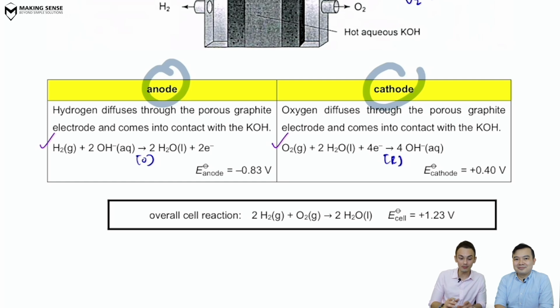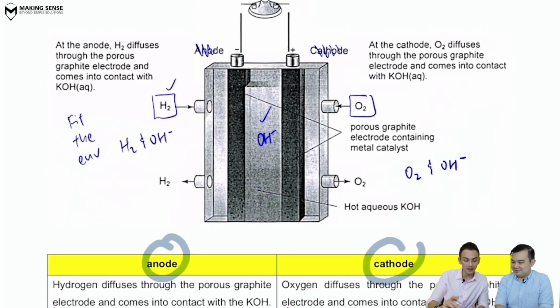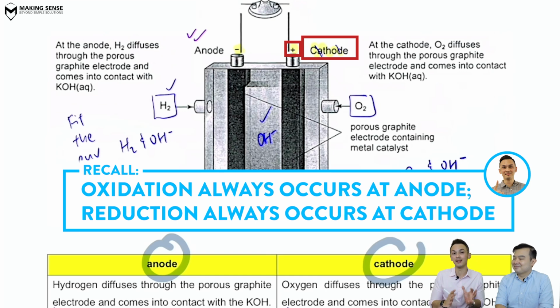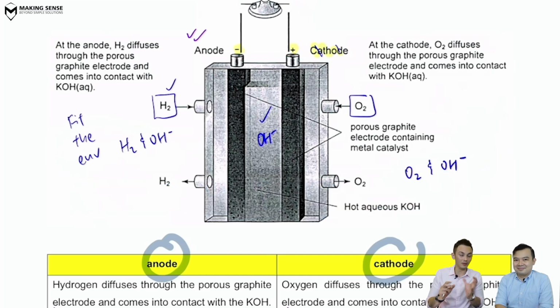So only when you have this sorted out, then you can label this is going to be the anode, where oxidation is taking place, and anode is a negative terminal. Then on the other side, it will be reduction, which is cathode, and this will be the plus terminal. So just bear in mind this fits the environment to decide who gets oxidized, who gets reduced, and then you just do whatever that we have been teaching you all this time.